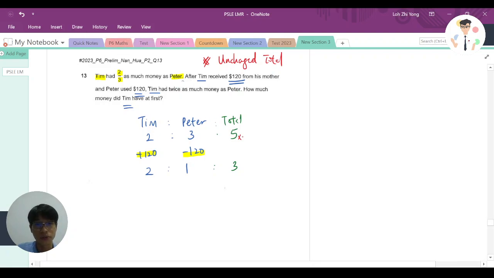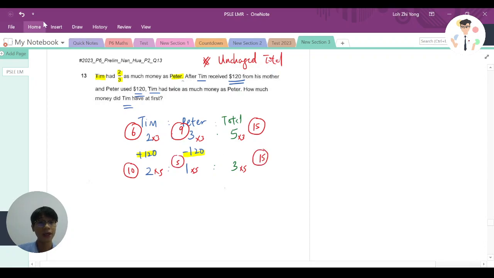So 5 units times 3, 3 units times 5. So now what's the latest or the new ratio? 6, 9, 15, here will be 10, 5, 15. And now you can actually try to compare. 6 units become 10 units.